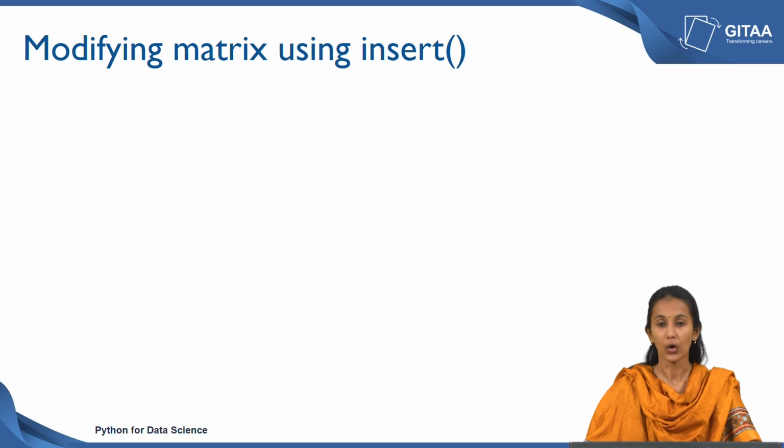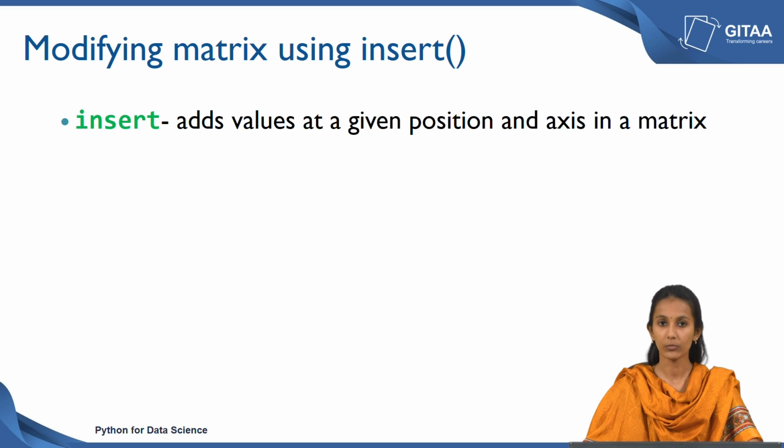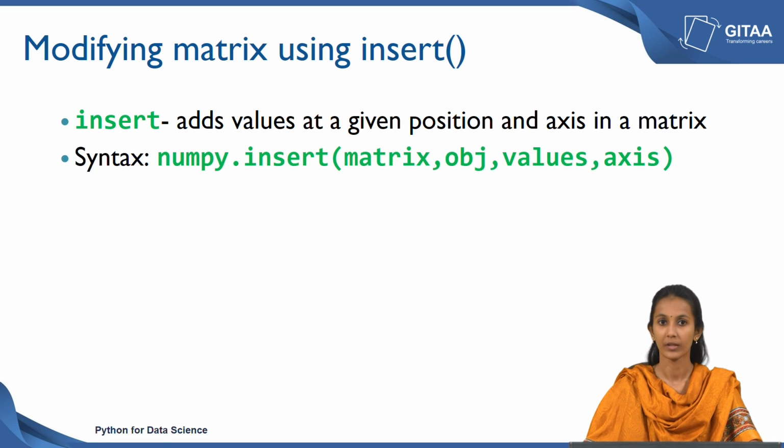Let's see how to modify the matrix using some of the built-in functions which are available. First we will use the insert command. Insert adds values at a given position, and you can also specify the axis. The syntax is np.insert.